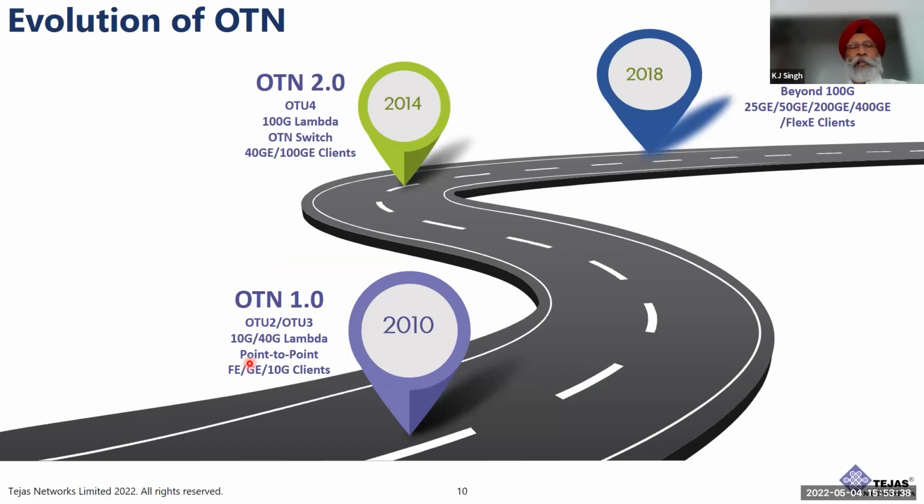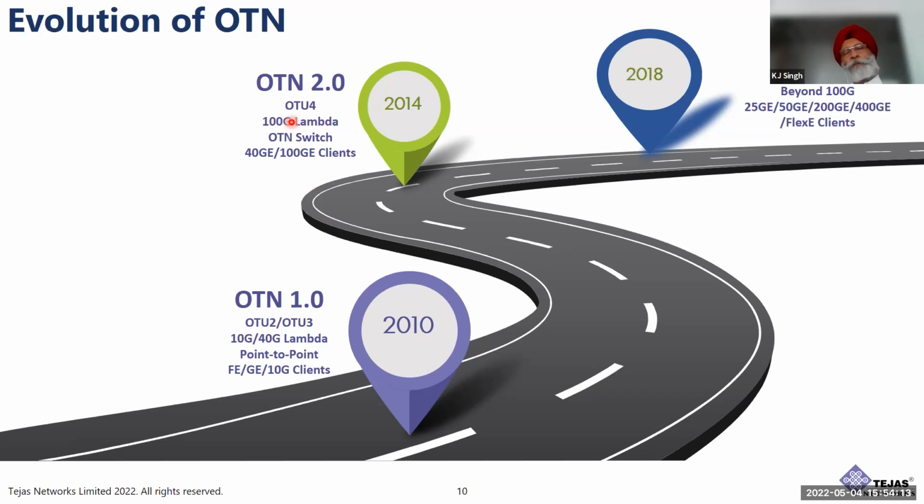OTN has evolved. It really started with a way to carry STM-16 and STM-64 signals in 10 gig DWDM. But then as DWDM started to evolve and people started to think of 10 gig lambdas, 40 gig lambdas, essentially that was the time in the 2010 timeframe.